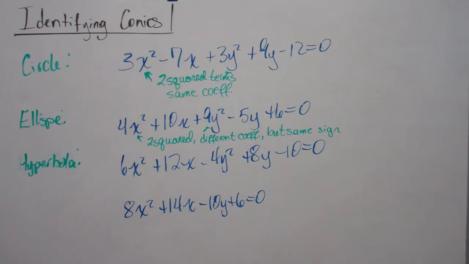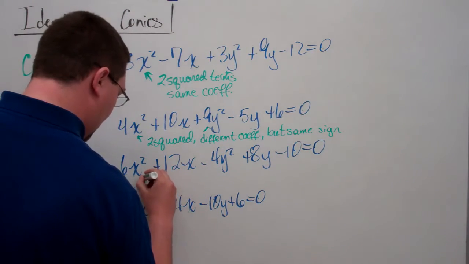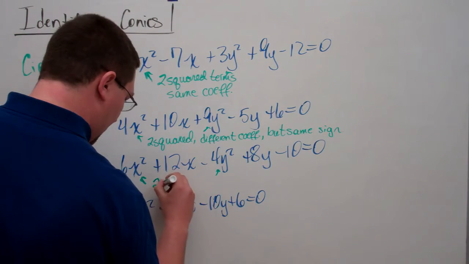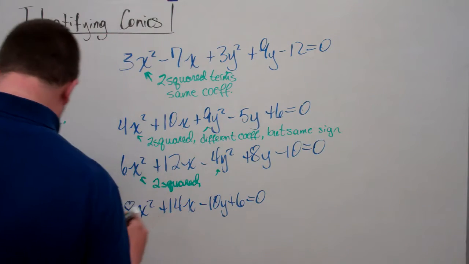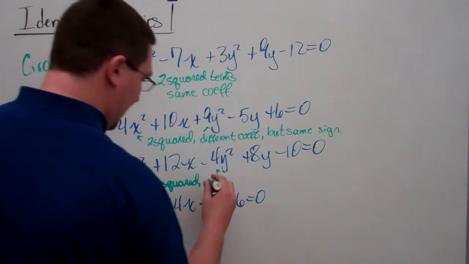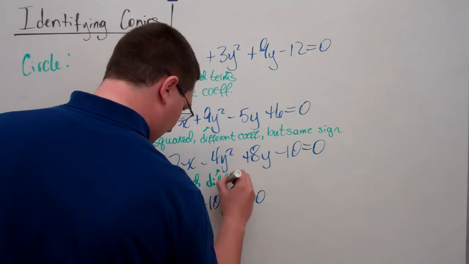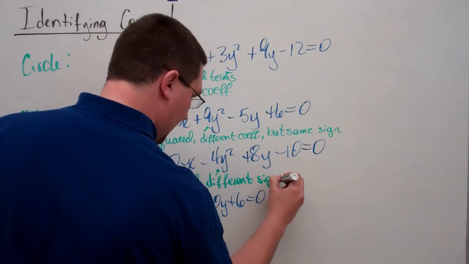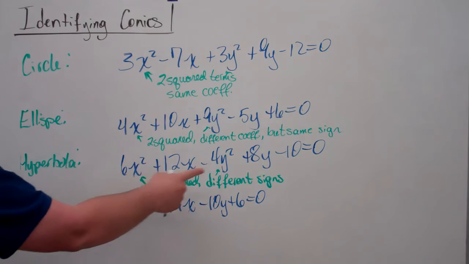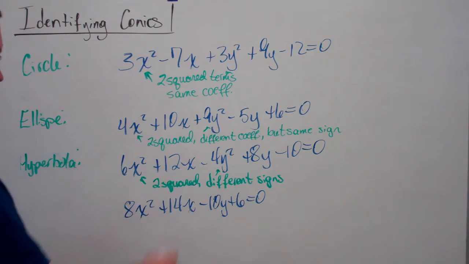Now, what to look for with a hyperbola? Two squared terms, because as you can see, there are still two squared terms, and different signs. This one's positive, this one's negative.